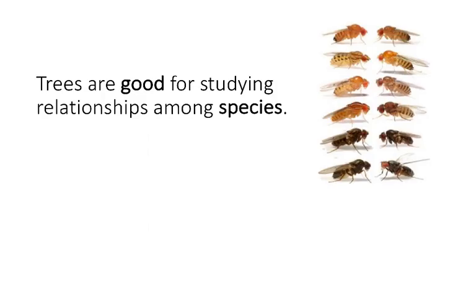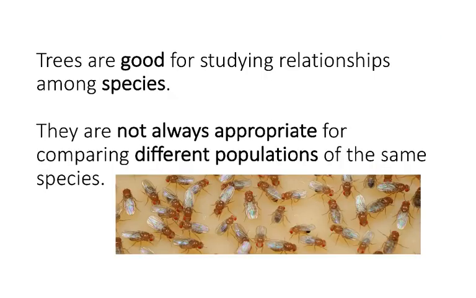Okay, so to wrap this up here, overall, trees are good for looking at relationships among different species. So again, if you wanted to compare these different species of Drosophila, trees would be a good way to do that. However, trees are not always good if we are specifically interested in looking at different populations of the same species.